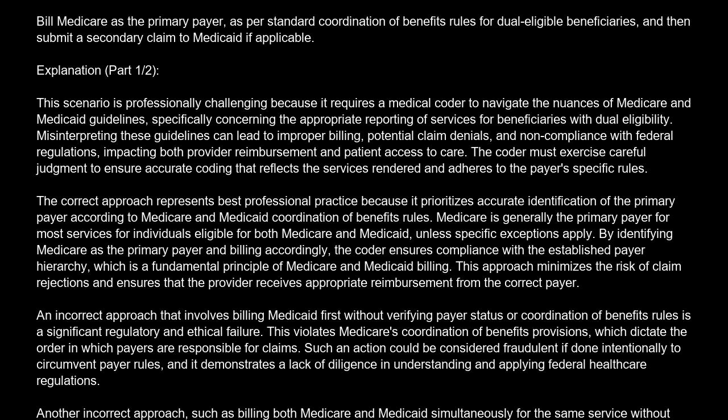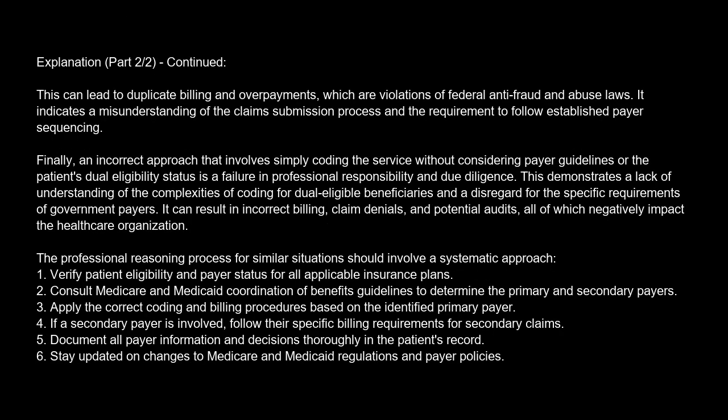Another incorrect approach, such as billing both Medicare and Medicaid simultaneously for the same service without proper coordination, is also a regulatory failure. This can lead to duplicate billing and overpayments, which are violations of federal anti-fraud and abuse laws. It indicates a misunderstanding of the claims submission process and the requirement to follow established payer sequencing.